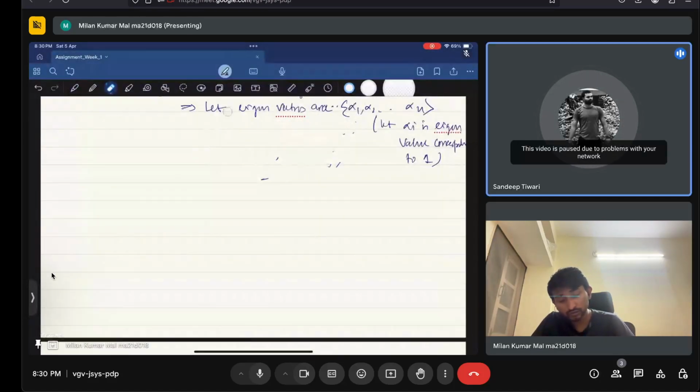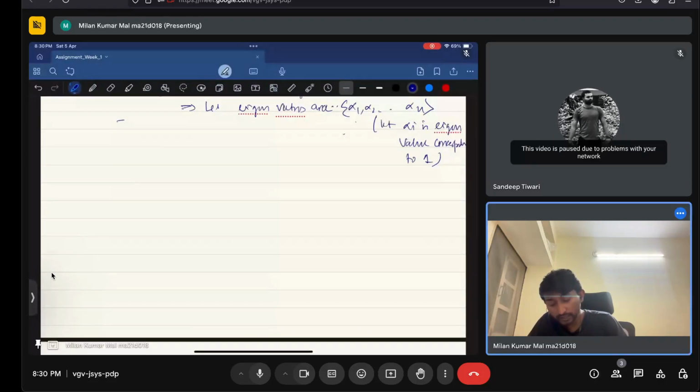Every normal operator can be unitarily diagonalizable, sir. Unitarily equivalent is not the fact. The problem is that I have to show that norm of alpha is equal to 1.